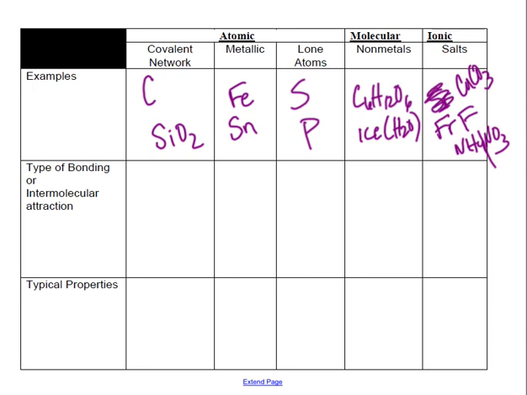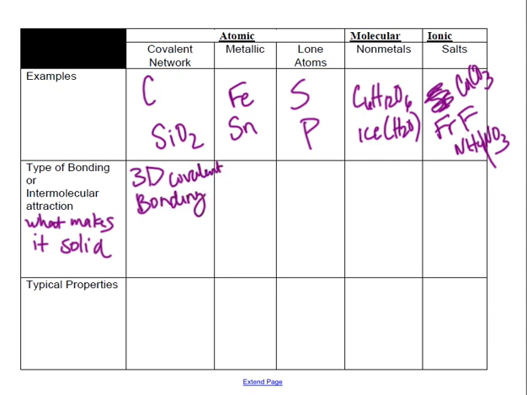All right, so now let's go through, and when I say type of bonding or intermolecular attraction, I'm asking you what makes it solid. So saying, oh, bonds, well, it depends. So covalent network, what's making it a solid network? Bonds. The answer to that is bonds. Three-dimensional, 3D covalent bonding.